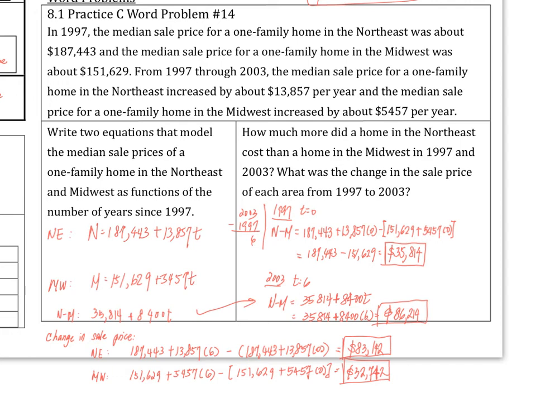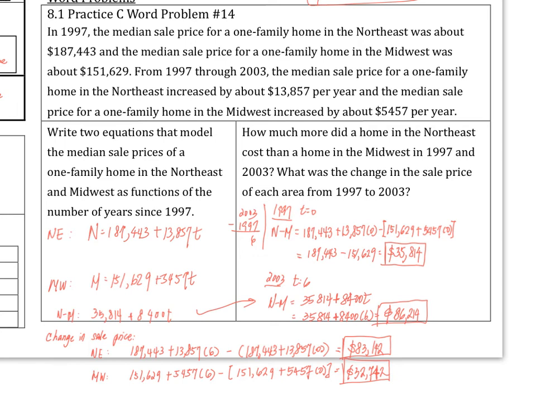So if we look at the Northeast now, we have $187,443. That's the fixed price here, and it's changing at $13,857 per year. So I could multiply that by t and set up my equation. So this is really what you've learned before, okay?